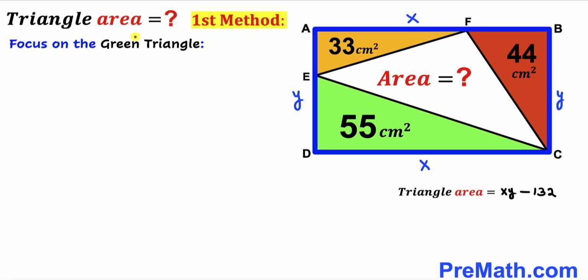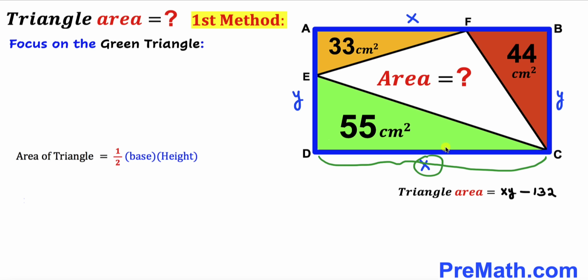Here's our next step. Now we are going to focus on the green shaded triangle whose area has been given to us as 55. Let's recall the area of a triangle formula: area is always equal to half times base times the height. In our case, the base of this green triangle is X, and the height is lowercase h.